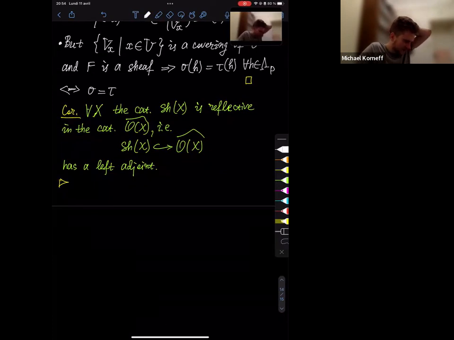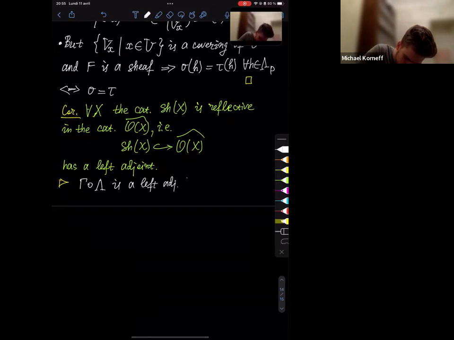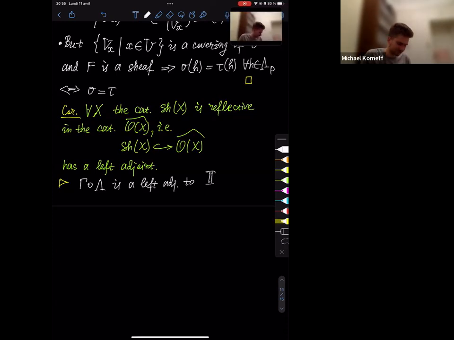And the easy proof: this is just the theorem, the second theorem. The second theorem asserts that the composition gamma lambda is a left adjoint to the inclusion functor I. I recall that we have the map eta from I to the composition.